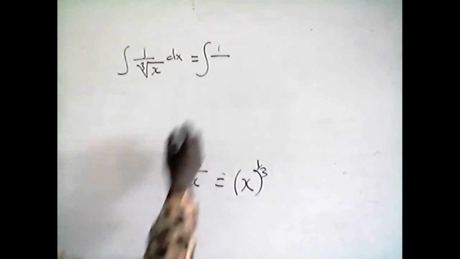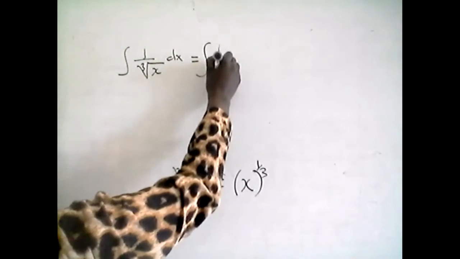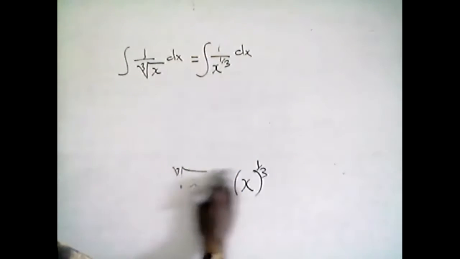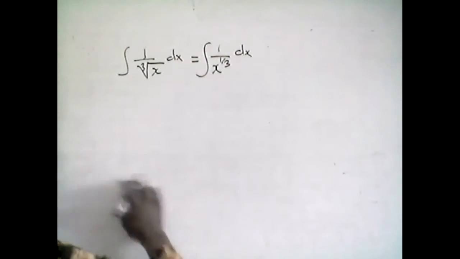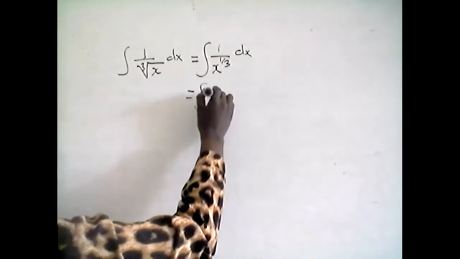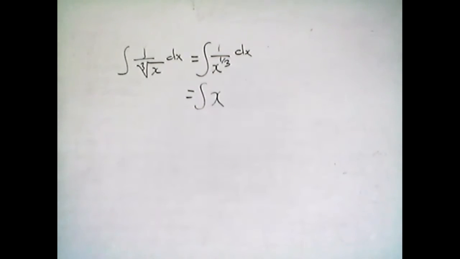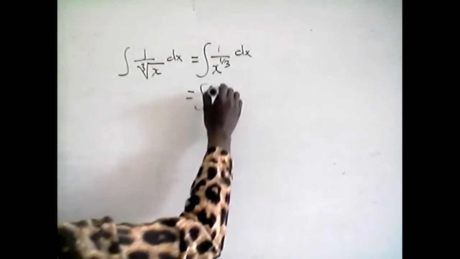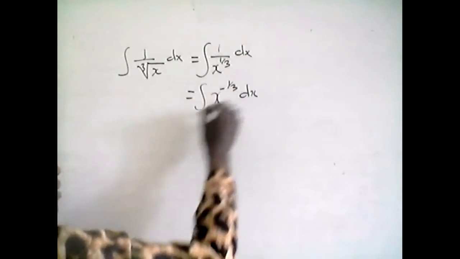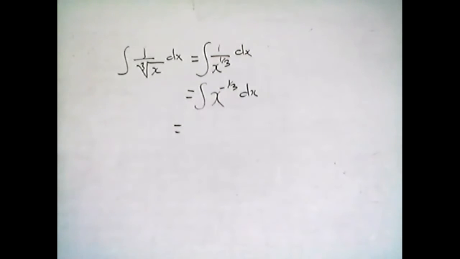So this will be x to the power 1 over 3 dx. Then this I'll take up, so it will be x to the power negative 1 over 3 dx.